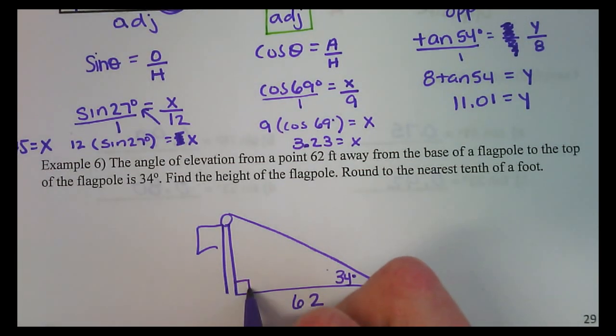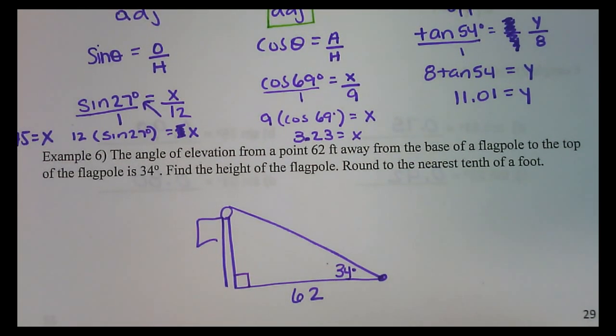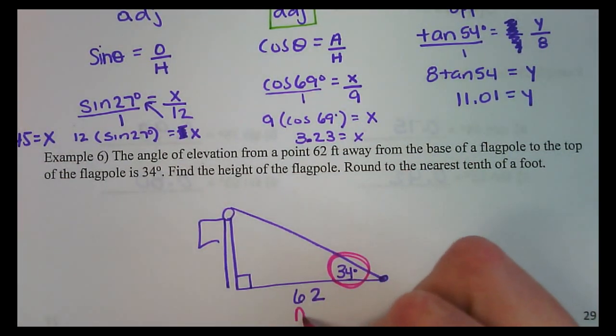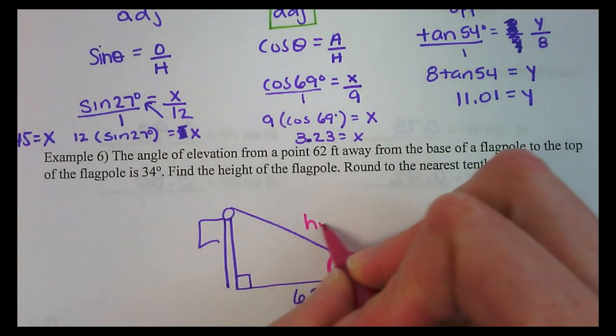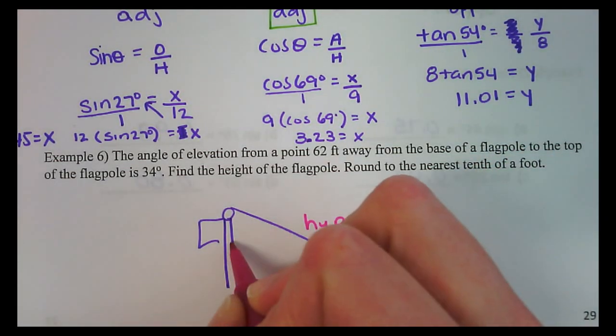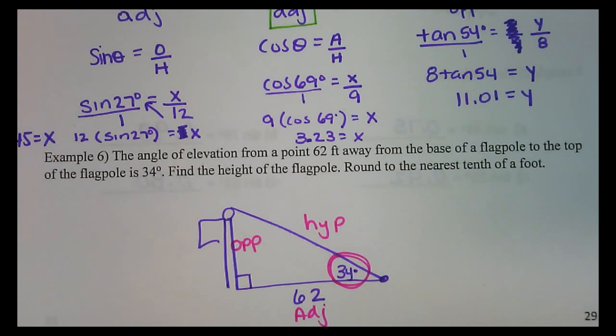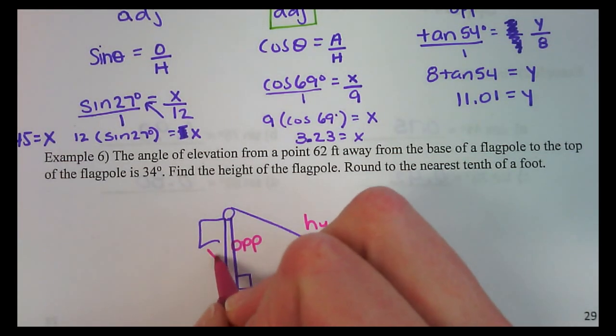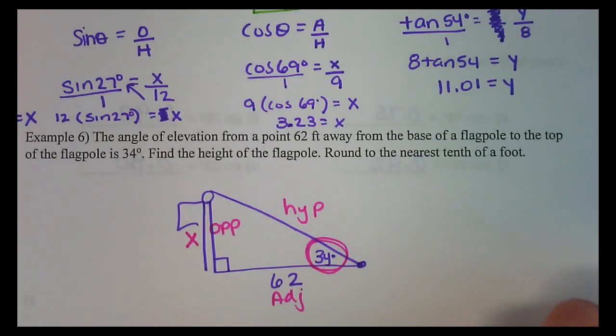So a flagpole, this can be a right angle. We know that if this is my angle, this is adjacent, this is hypotenuse, and this is opposite. I'm trying to find the height of the flagpole, so this is my missing piece of information.